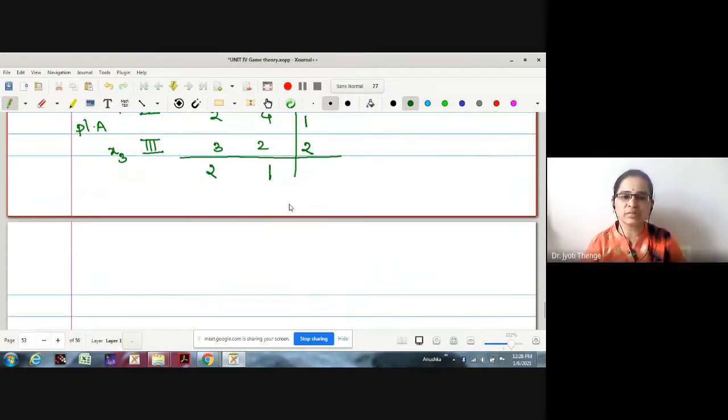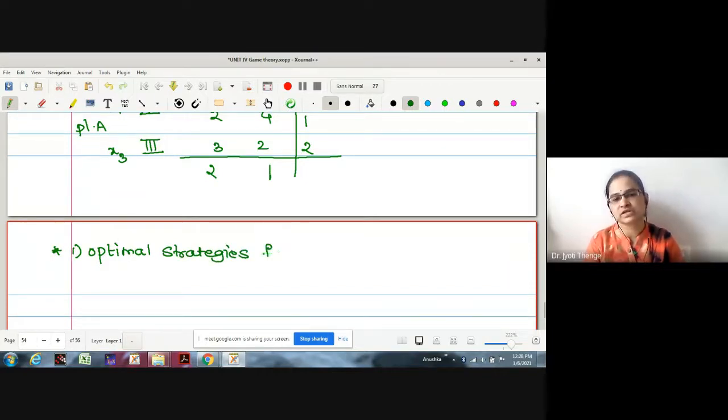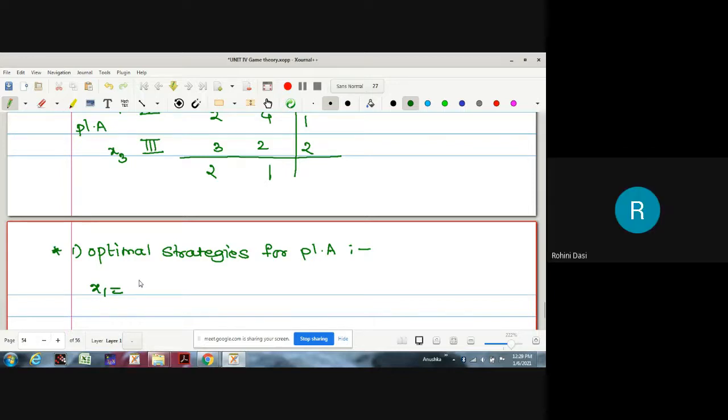Then what are the optimal strategies of player A? What for x1? 1 by 3.